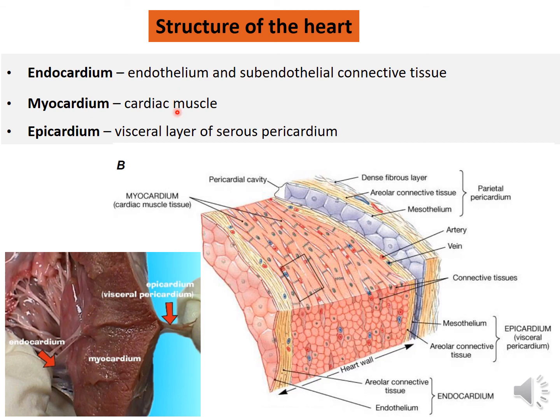Next you have the main constituent of your heart, that is your cardiac musculature, the myocardium. And on the inner aspect of your myocardium, what you see is the endocardium. This endocardium consists of endothelium and subendothelial connective tissue. You can make out here endothelium and subendothelial connective tissue.